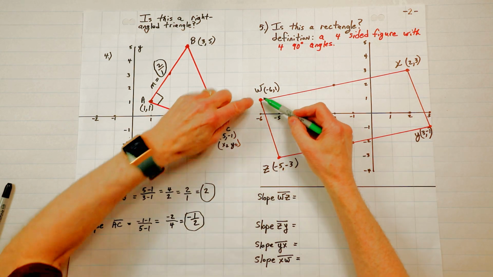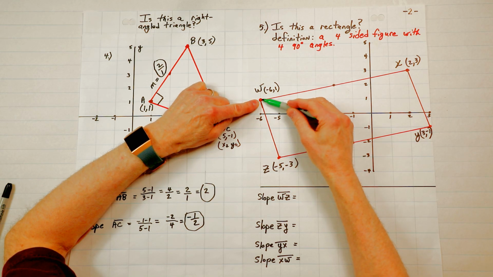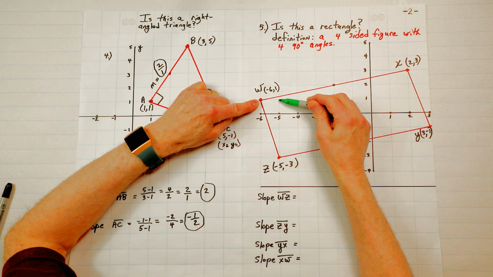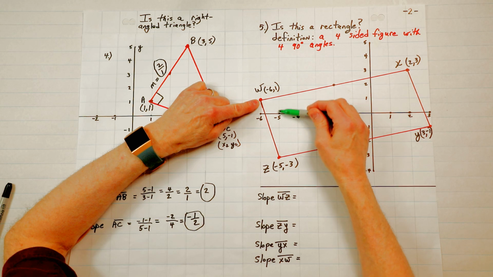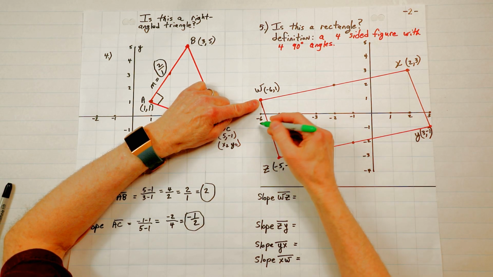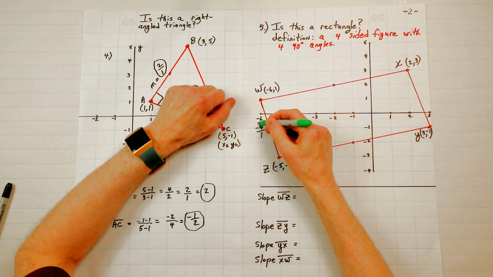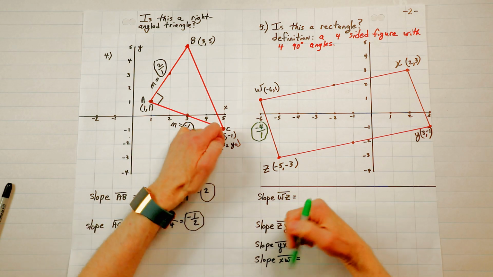Okay, so let's start here, and if we count spaces, we go to the right 1, and down 1, 2, 3, 4. So rise over run is minus 4 over 1.